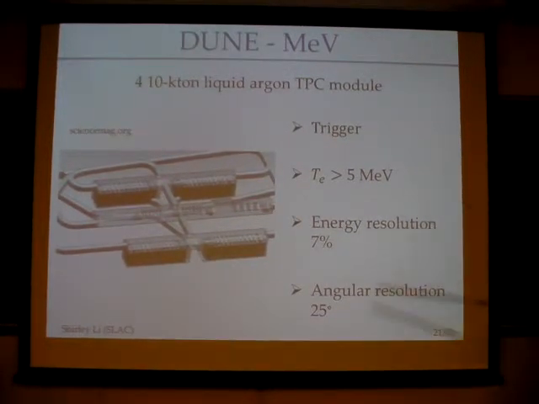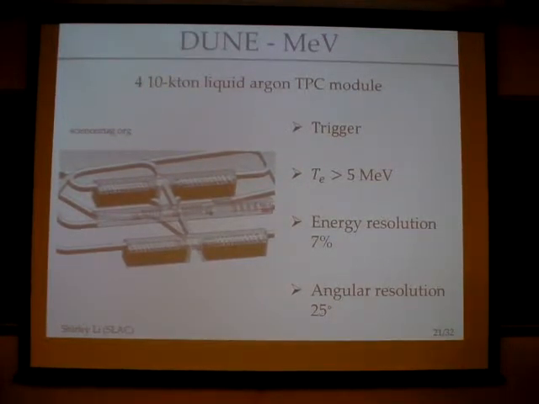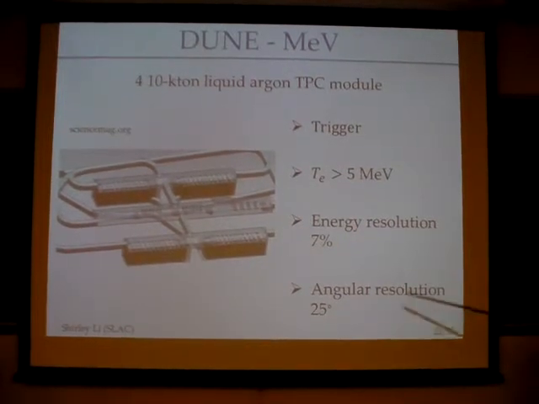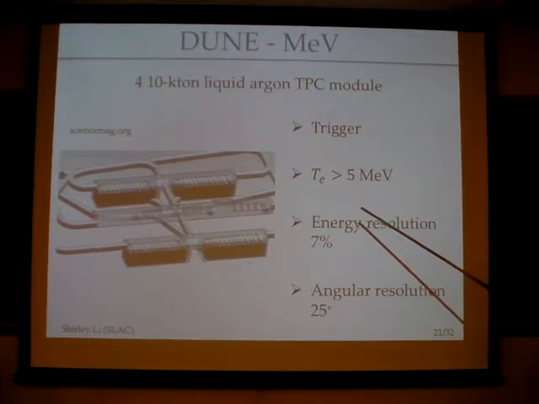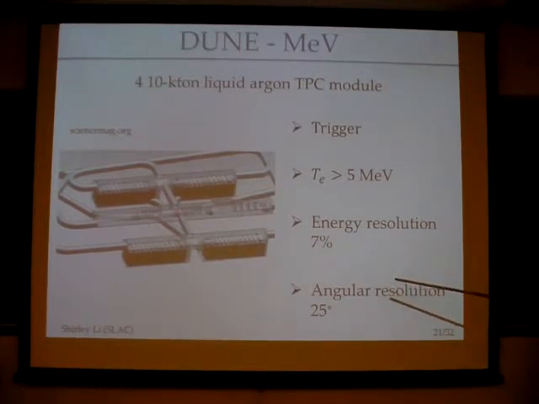The first is we assume that the detector can trigger on MeV events. We'll talk about that later. And because DUNE is designed to catch the next galactic supernova neutrino burst, it does have MeV capability, and that's listed in the design document. So it's supposed to be able to detect any electron above 5 MeV with high efficiency, with a 7% energy resolution.